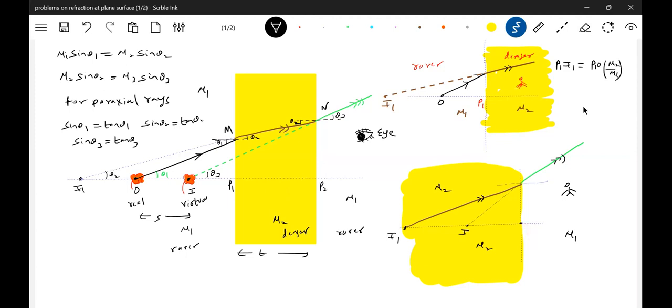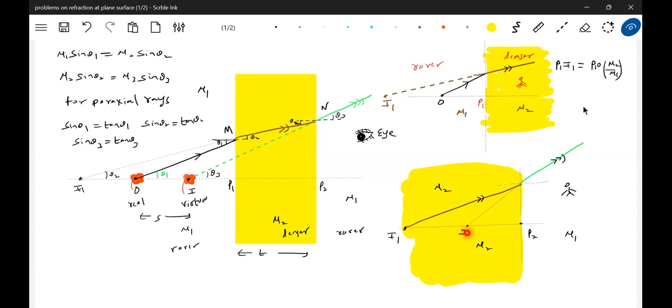And this is P2. This was P1, we took it here. Now, can we write any equation here? P2I. Now, where is the object? The object is in a medium of refractive index mu2, and it is viewed from a medium of refractive index mu1. And where will it appear?